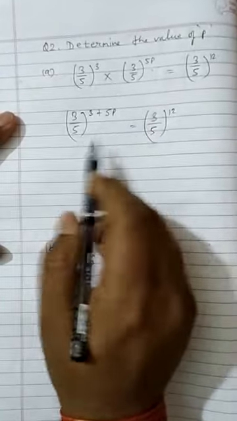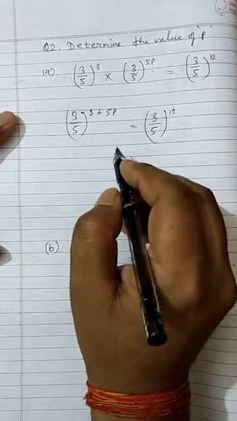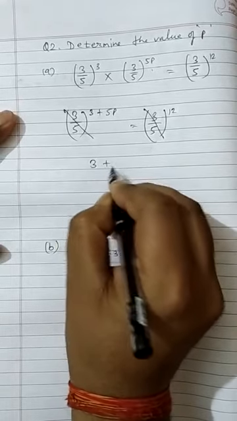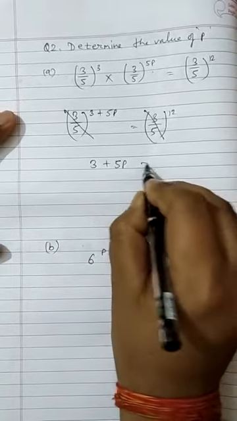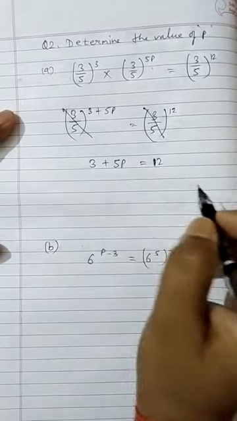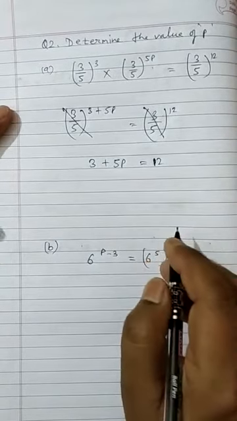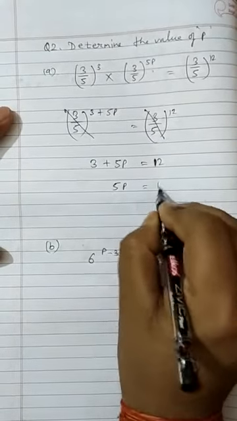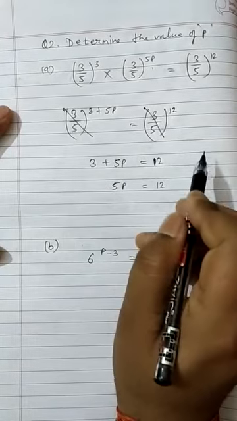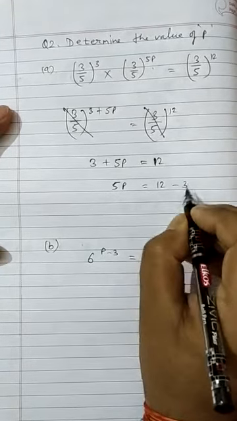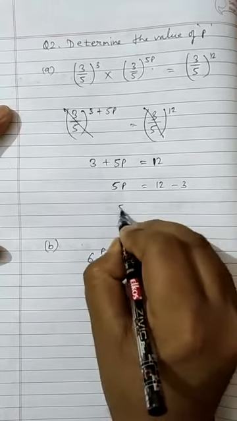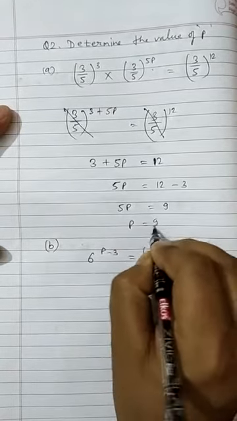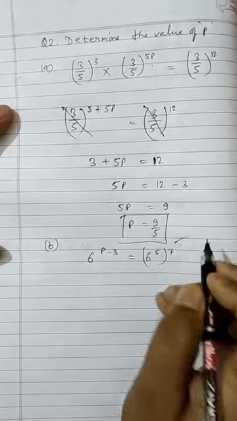Here we can see that the bases are the same on both sides of the equal sign, so the bases will be cancelled. Now this is just a simple linear equation: 3 plus 5p is equal to 12. This type of simple equation you have solved in class 6 and 7 also, so this is very simple. This positive 3 will be transposed here and will be minus 3. 12 minus 3 gives you 9. So p is equal to 9 upon 5. This is the clear answer.